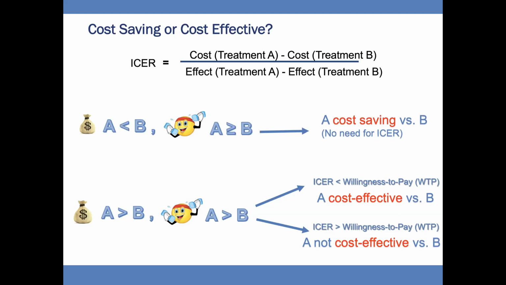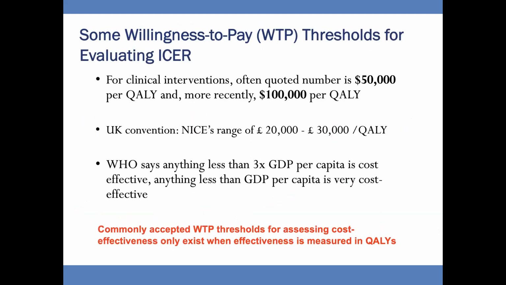Okay. Then that still leaves the question: what is the willingness to pay? You can think of willingness to pay as the maximum amount society is willing to pay for one more unit of health outcome. The willingness to pay depends on the country.